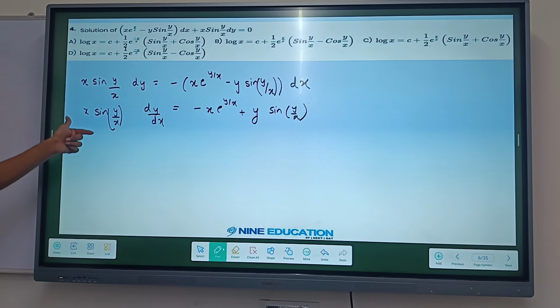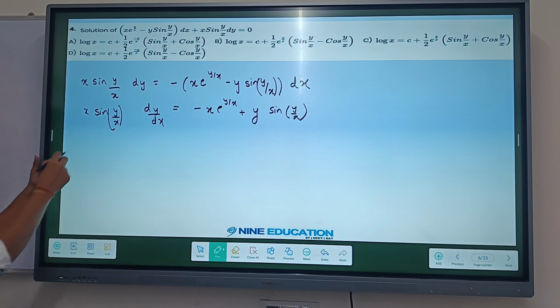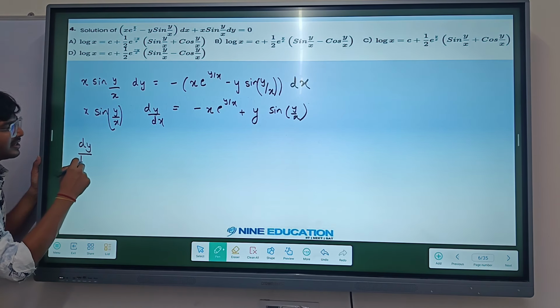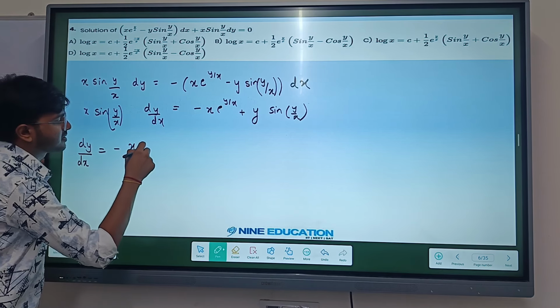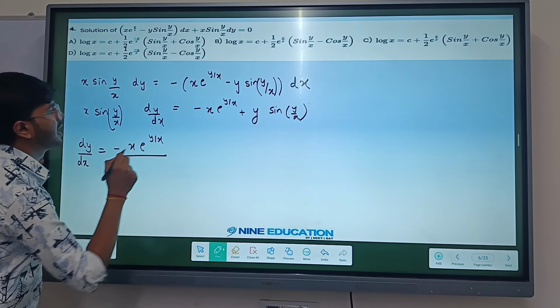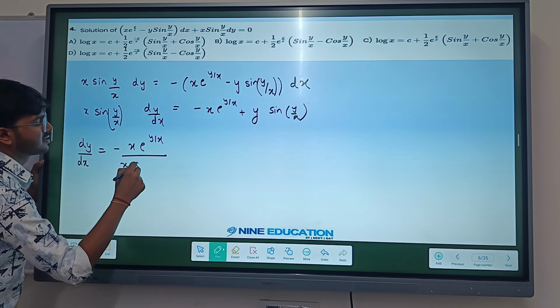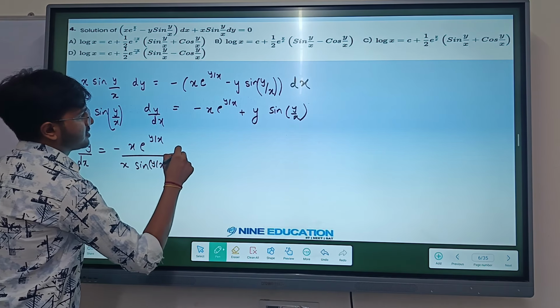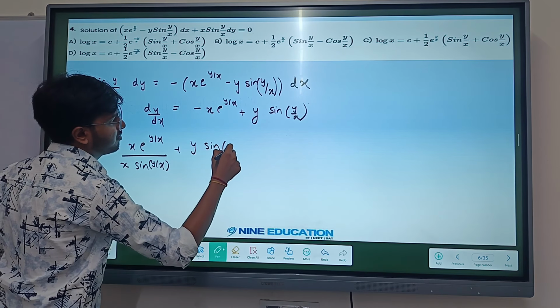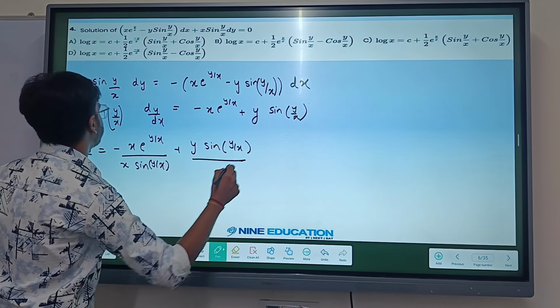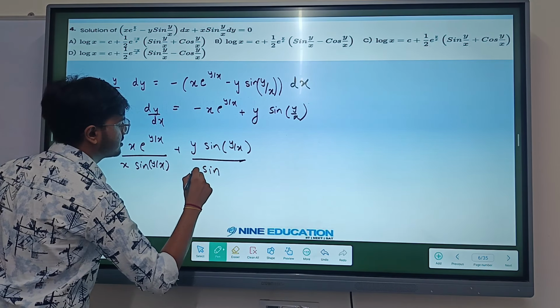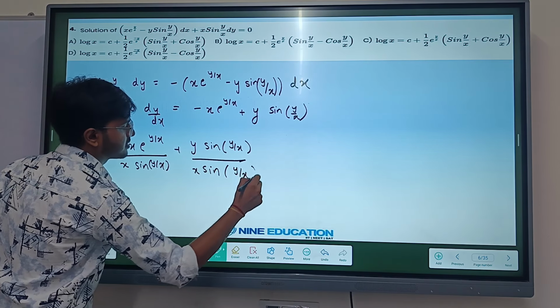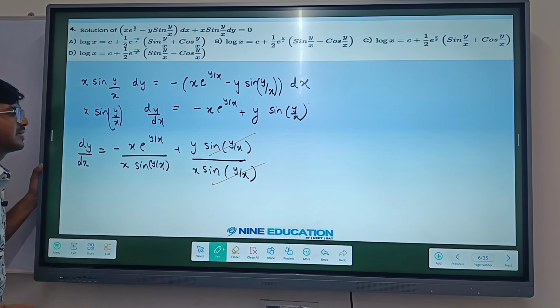To simplify it more, I take this x sine y by x down. So what will I get? dy by dx equal to minus x e power y by x divided by x sine of y by x, plus y sine of y by x divided by x sine of y by x. So sine y by x and sine y by x cancel, and x cancels.